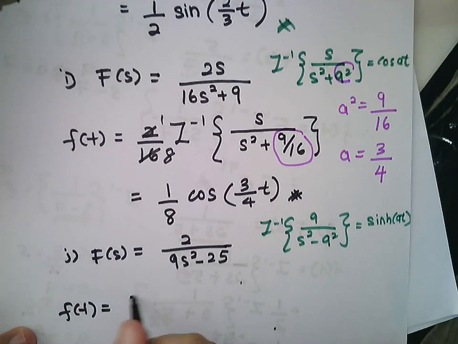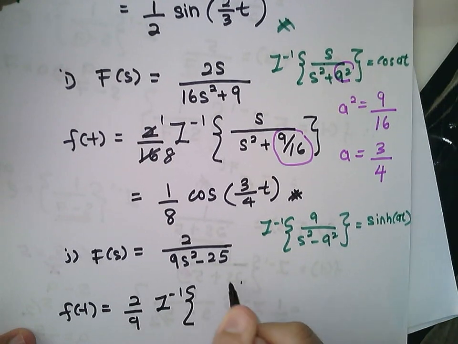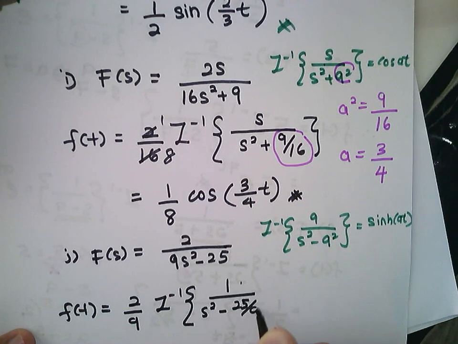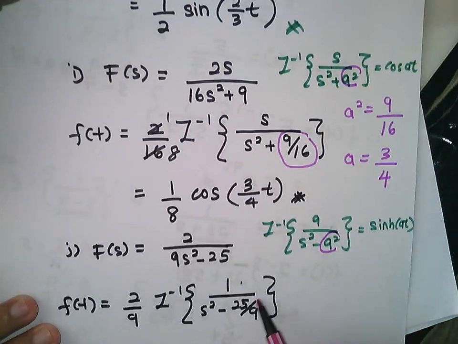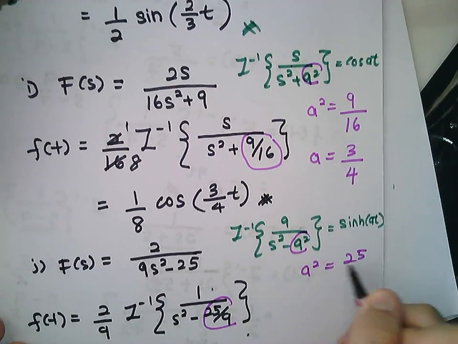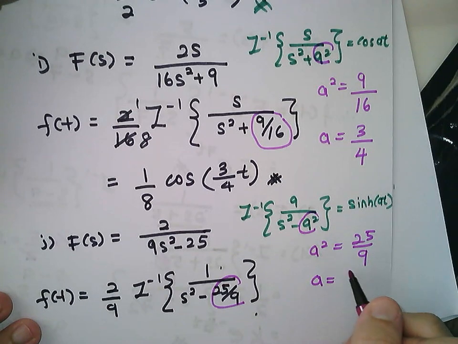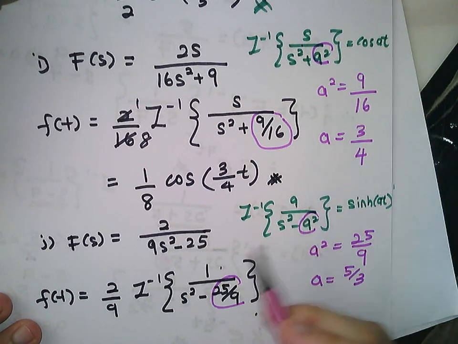So you have 2 over 9, Laplace inverse, and now you have 1 over s squared minus 25 over 9. By comparing this one with what you have here, your a squared is equal to 25 over 9, so you know that your a is equal to 5 over 3.